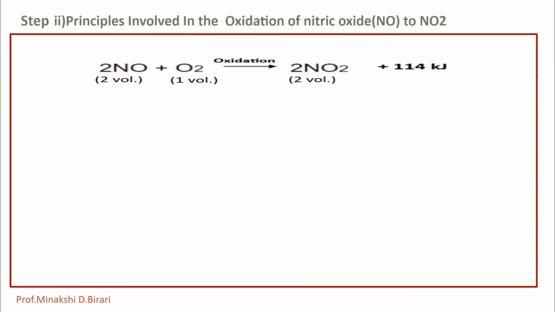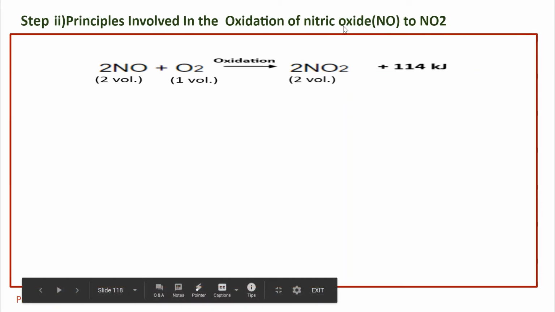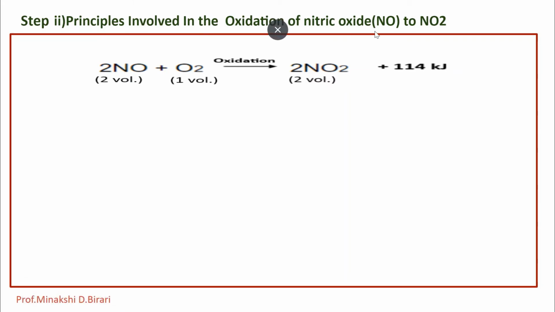Now, the second step: the principles involved in the oxidation of nitric oxide to NO2, which is the second step in the manufacture of nitric acid. This is the reaction: 2NO + O2 gives 2NO2.